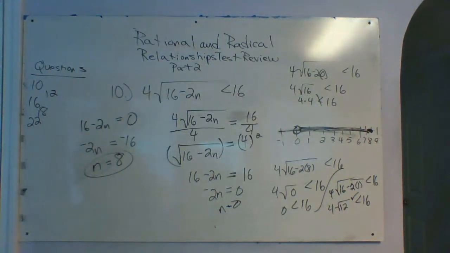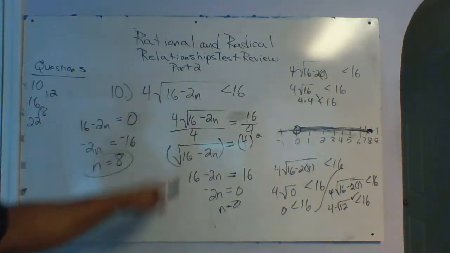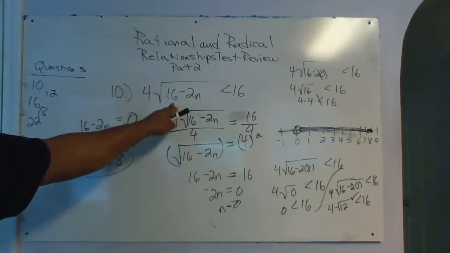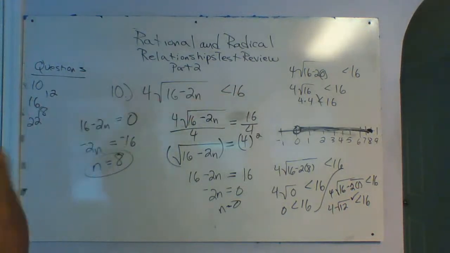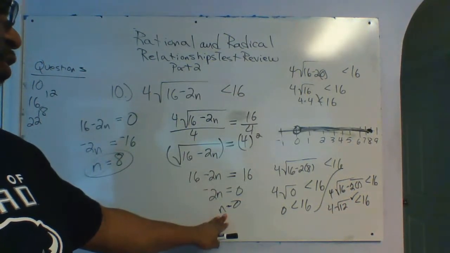So we just used the previous stuff we did in the previous sections. You got to again set this equal to 0. So I know I have to use 8. So 8 is included because 0 times 4 is less than 16. And then I have to solve this equals 0.